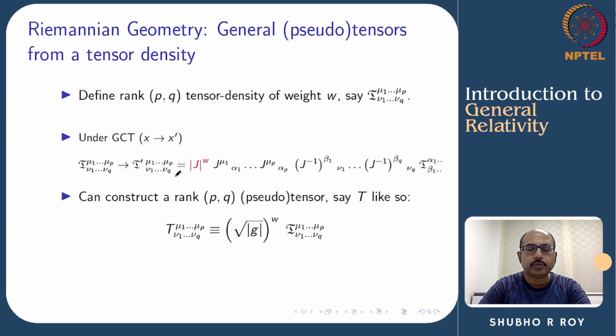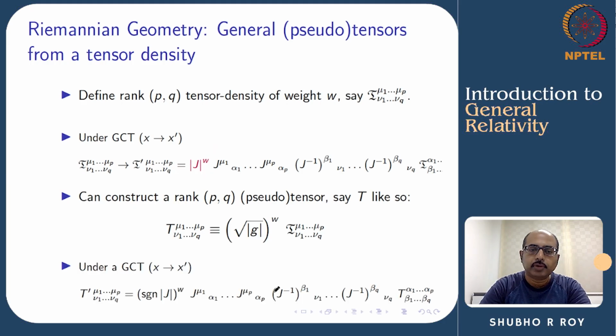And the good thing about tensor densities is that they're salvageable. One can construct a tensor out of them if you want. So the way to do this is to take the square root of the metric determinant or absolute value of the metric, raise it to the power of W, and multiply with the tensor density. The resulting object will not have, because we multiplied by these many factors of square root of g, which will give compensating factors of Jacobian determinant inverse, which will kill this.